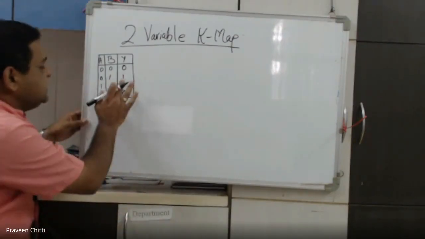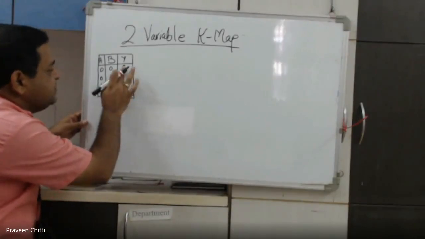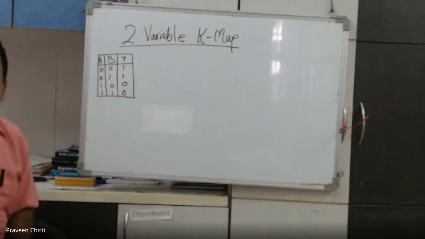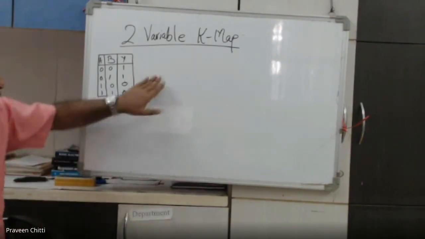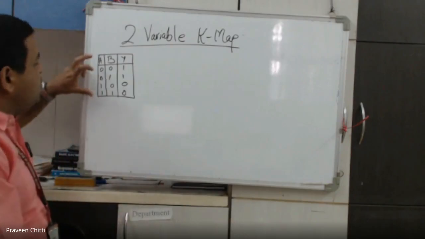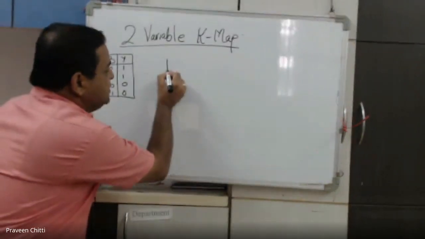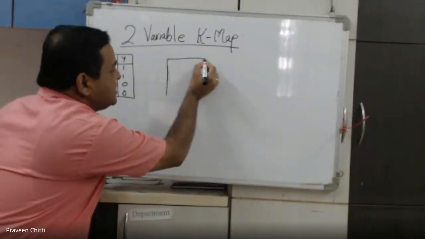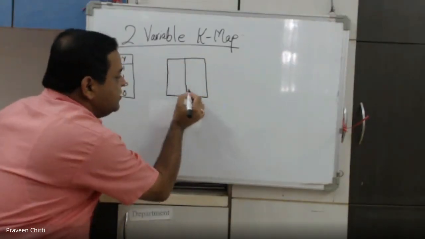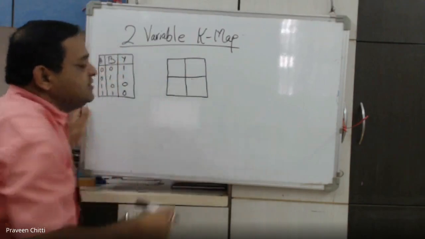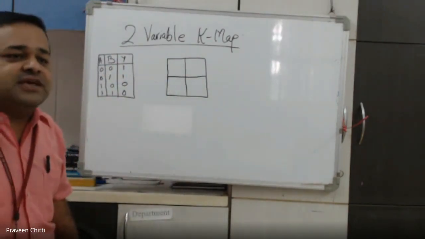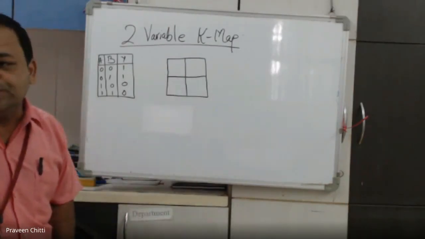I'll take this particular example so that we can get a perfectly simplified answer. So how do we construct a two variable K-map? Since in two variables we have four input combinations, you have to draw a K-map having four cells. Basically, K-map is nothing but, however many input combinations are there, that many cells should be present.